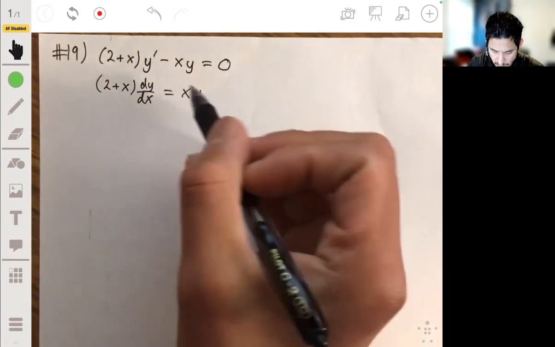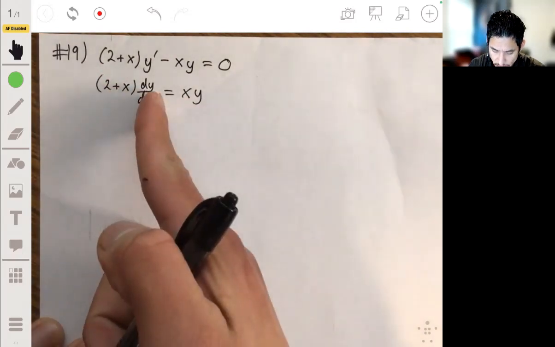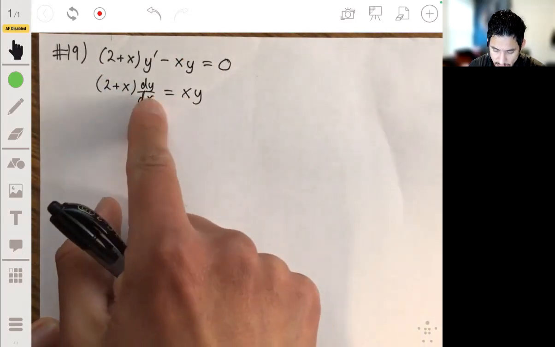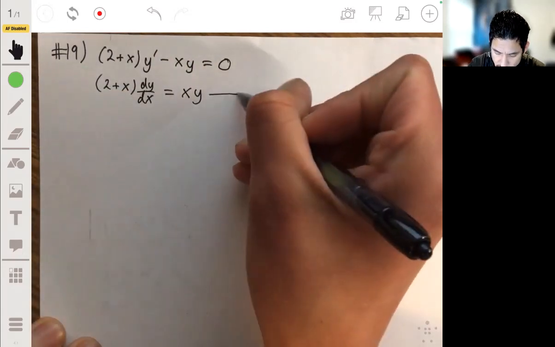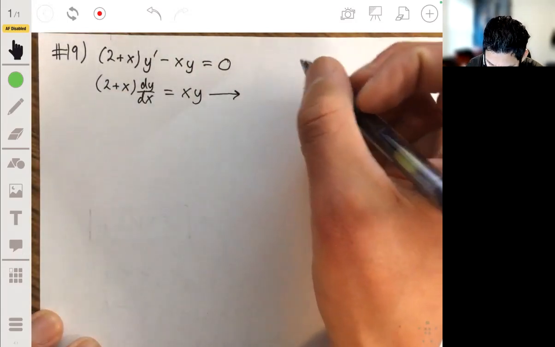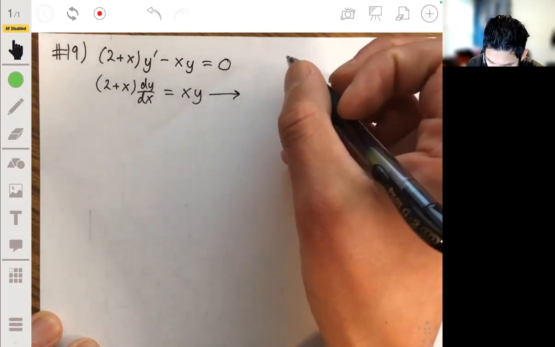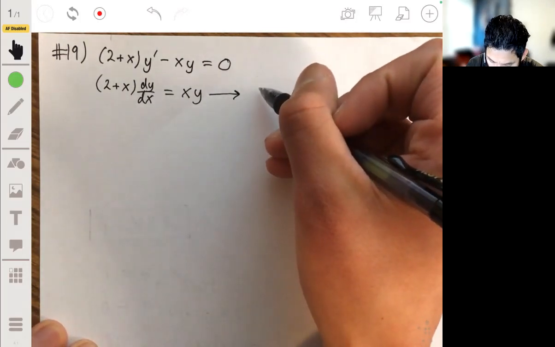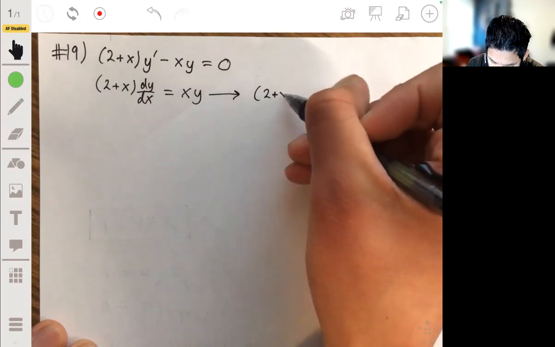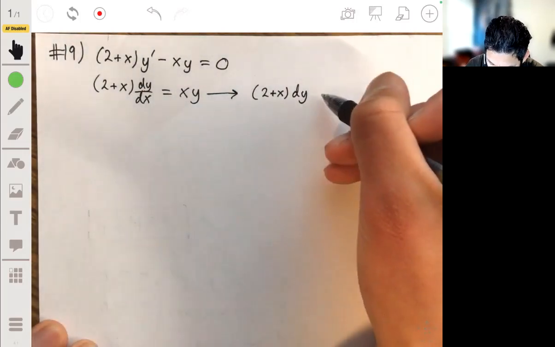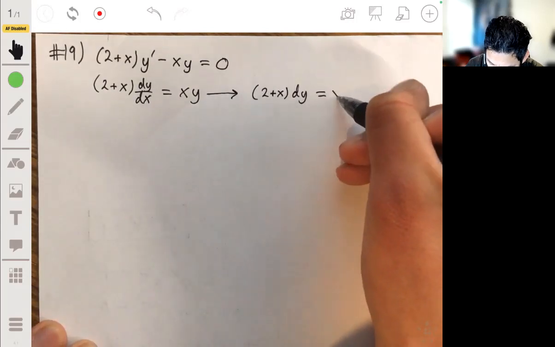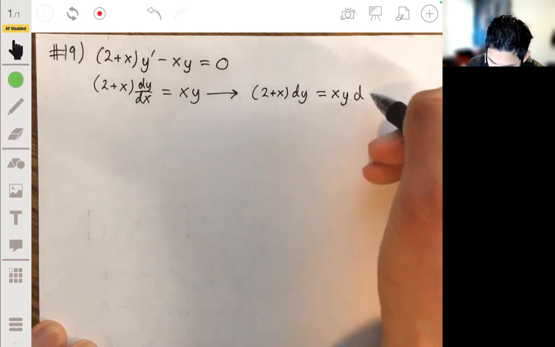So this is simply then going to be dividing each side by y and multiplying each side by dx and dividing by 2 plus x. Let me just go step by step so it's not overwhelming. So it's like 2 plus x dy, multiplying both sides by dx. We get xy dx.